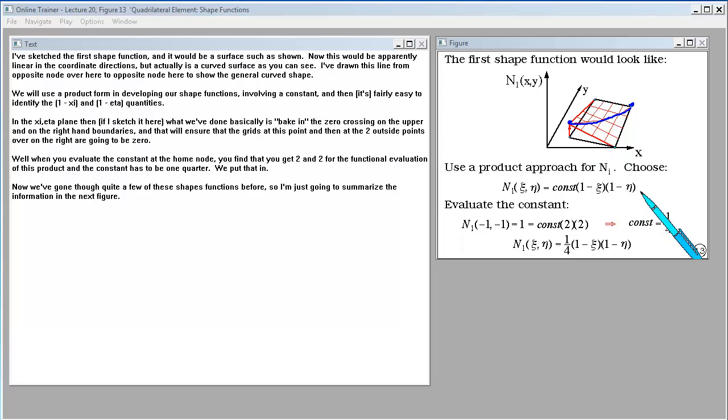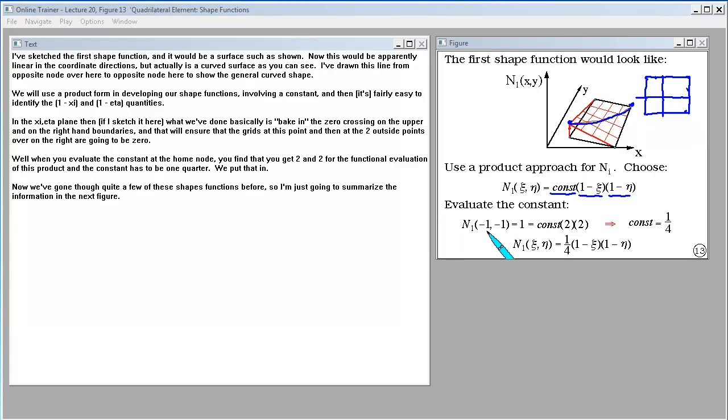We will use a product form in developing our shape functions involving a constant, and then fairly easy to identify the 1 minus xi and 1 minus eta quantities. In the xi eta plane then, if I sketch it here, what we've done basically is bake in the zero crossing on the upper and on the right hand boundaries, and that will ensure that the function at the two outside points over on the right are going to be 0.